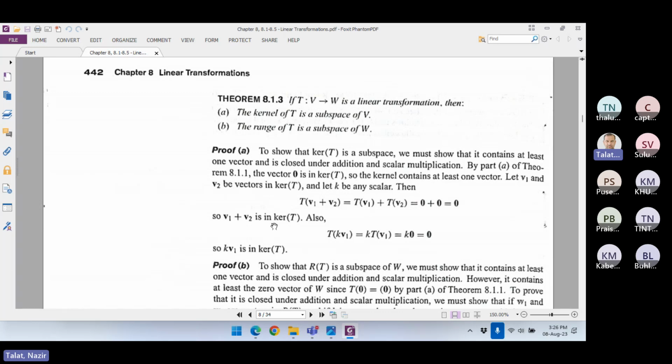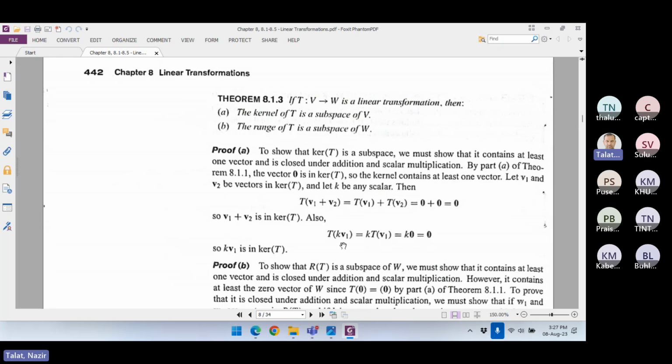Moreover, if V1 belongs to the kernel of T, then T of kV1 can be written as k times T of V1 because T is a linear operator. And k is separable, and we know that T of V1 equals 0 because V1 belongs to the kernel of T, then k times 0 equals 0.